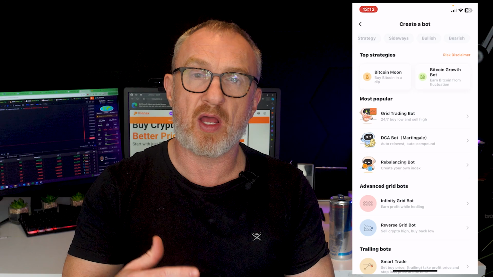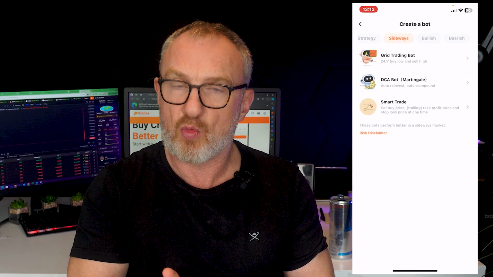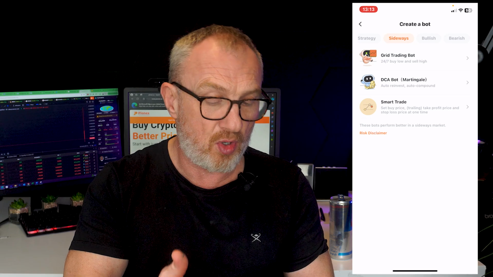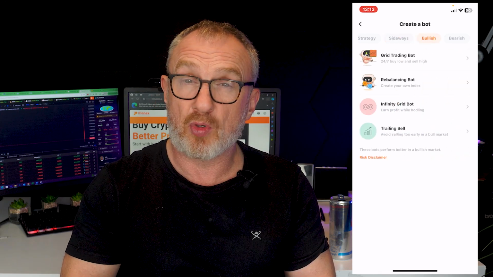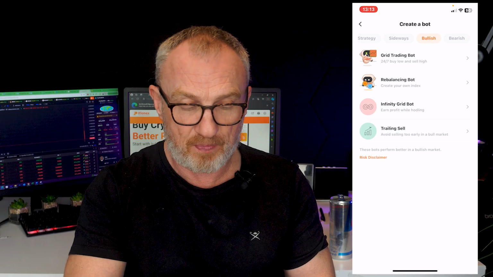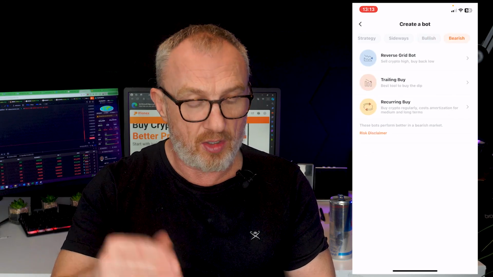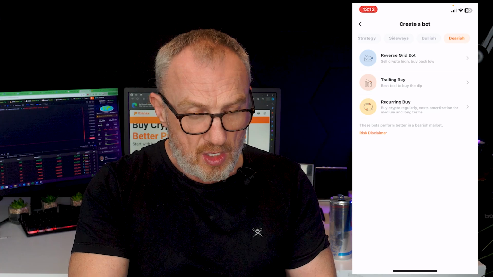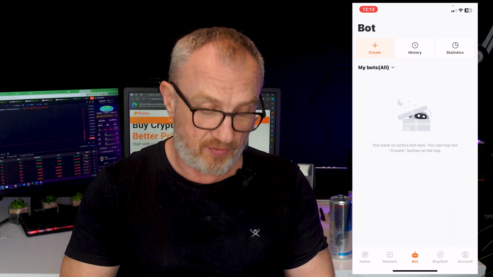So if you wanted to create a bot when the market was going sideways, you could click on sideways and you can see what bots are available there. Grid trading bots, dollar cost averaging bots and smart trade. We've got bullish, so if the market is bullish or you're feeling particularly bullish, then you can choose one of these bots. And then we've got bearish, if the market's on a downward trend. But we're not going to create one from scratch. What we're going to do is copy trading, because that's what this video is about.